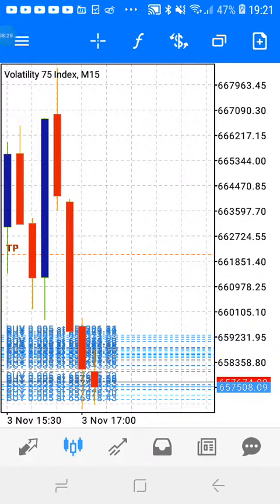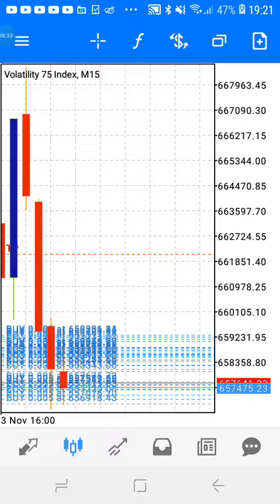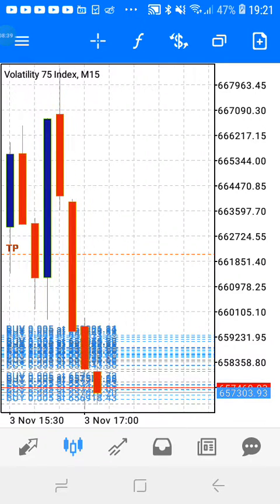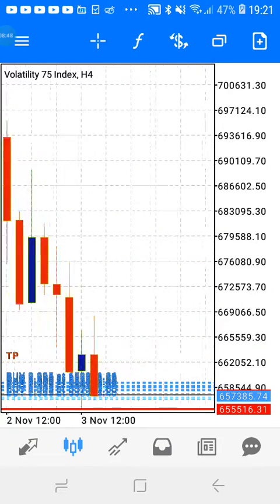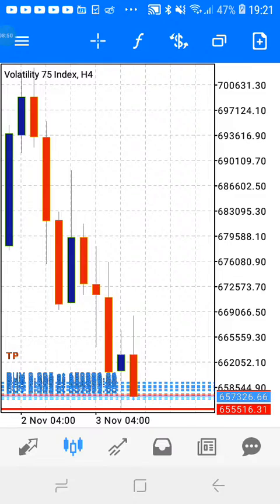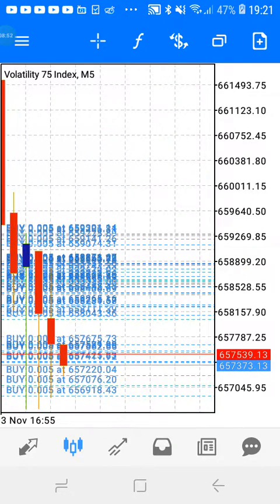So from the way I've analyzed, I can see that it's gonna retrace. Or maybe my TP is a bit far, but this thing will reverse or even hit my TP. So let's just wait and see.